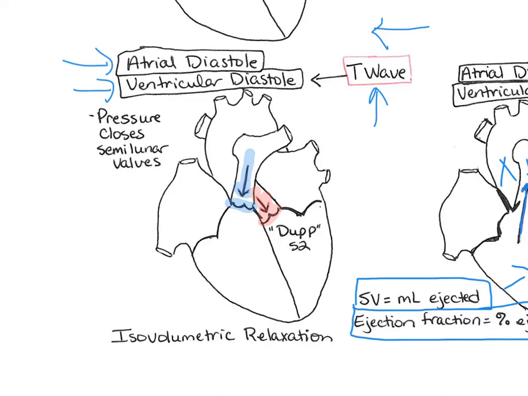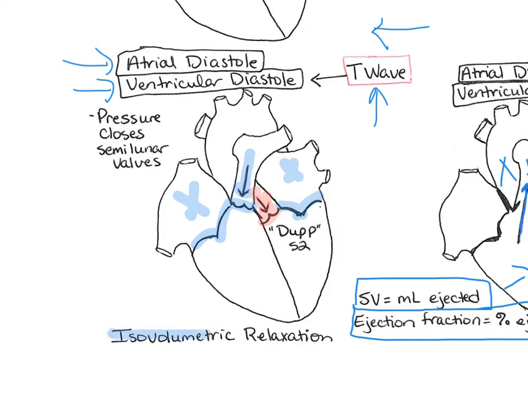And so the ventricle is relaxing, all the valves are closed. There's not enough pressure in the atria to open up the AV valves. So those AV valves remain closed in this phase. So now all the valves are closed again, and the ventricle is relaxing.